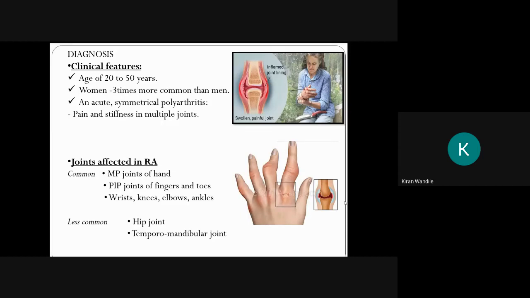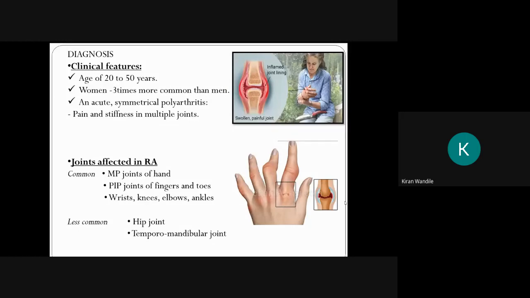So now coming to the common joints which are affected in rheumatoid arthritis. The common joints affected are the metacarpophalangeal joints of the hand, proximal interphalangeal joints of the fingers and toes, wrist, knees, elbow, and ankles. So small joints of the hand and feet are the commonest joints involved.